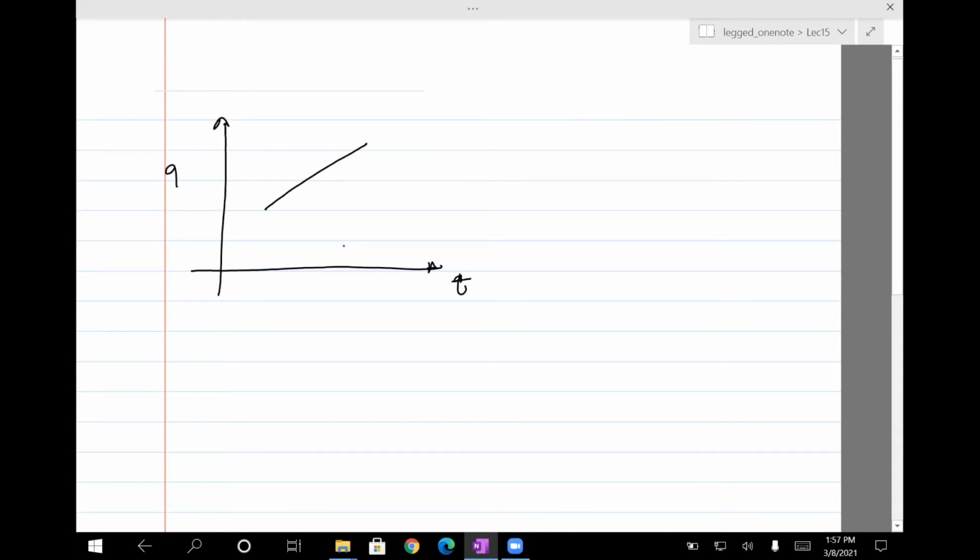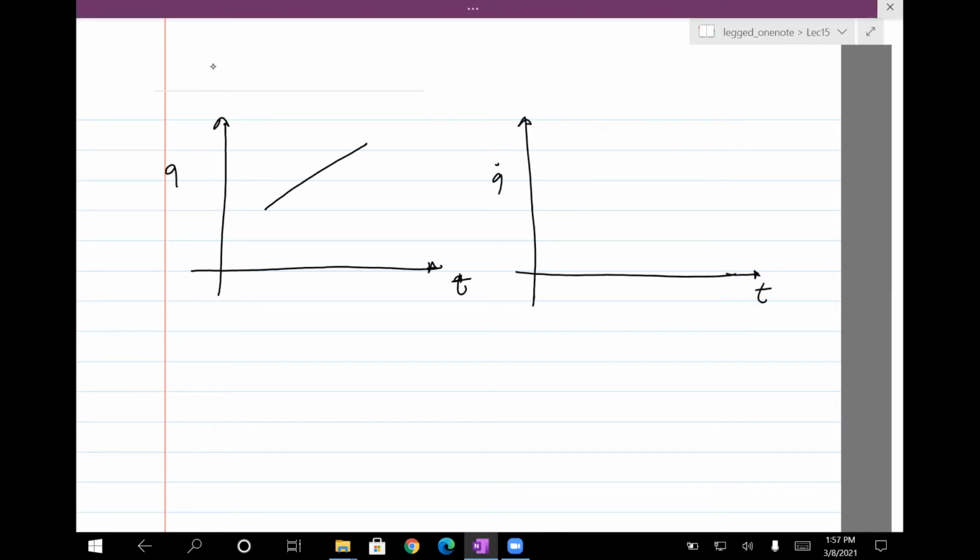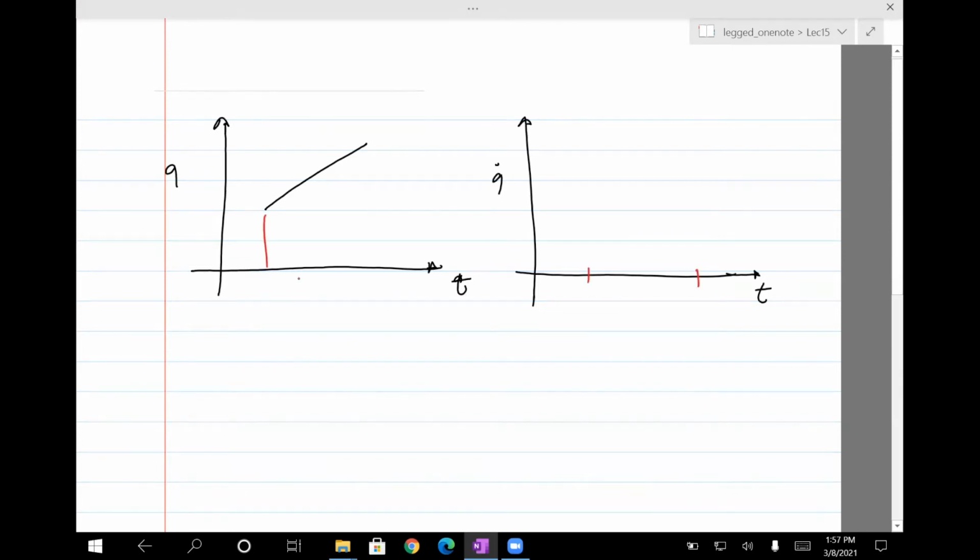And if you draw a plot of q dot versus t, you'll see essentially a flat line between t0 and tf.